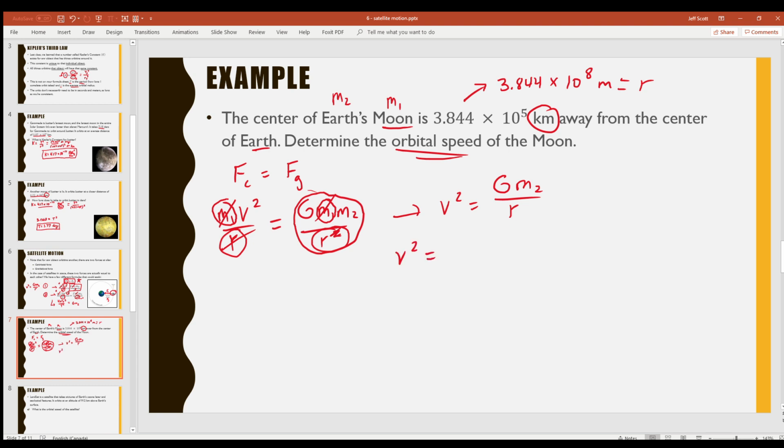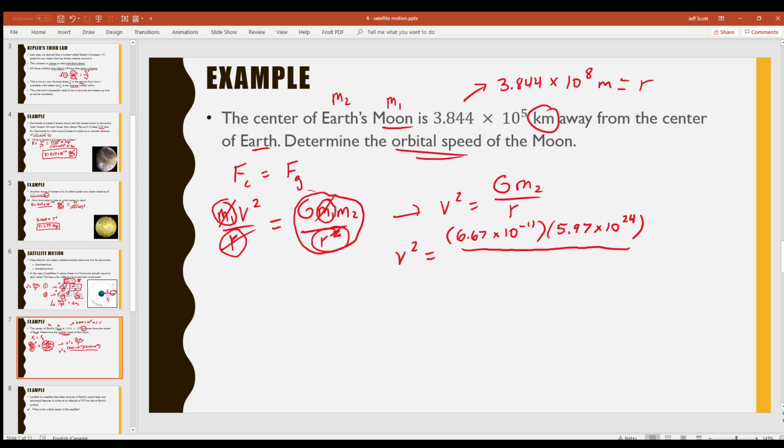V squared equals capital G, which again on your formula sheet is given as 6.67 times 10 to the negative 11, times m2, which is the mass of the Earth. The mass of the Earth is given on your formula sheet as being 5.97 times 10 to the 24, sorry, 24. Said 23, but I meant 24.